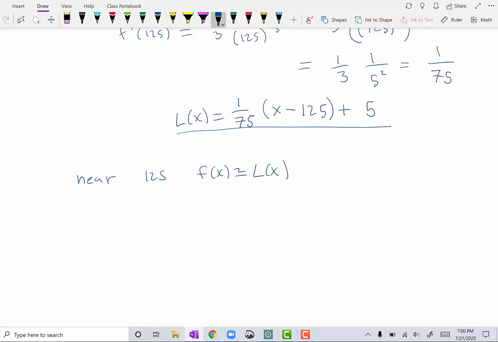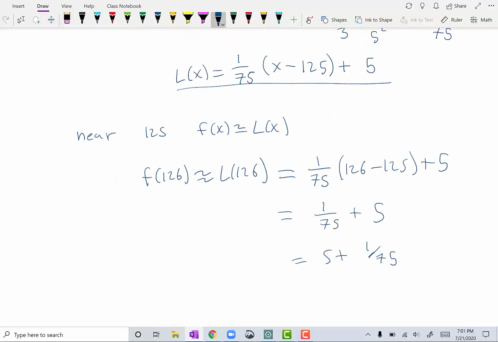So we use that to say f of 126 is approximately L of 126, because 126 is close to 125, and we can now compute L of 126. This says that the cube root of 126 is approximately 5 plus 1 over 75, which makes sense. It should be a little more than 5, and this tells us roughly how much more than 5 it is.